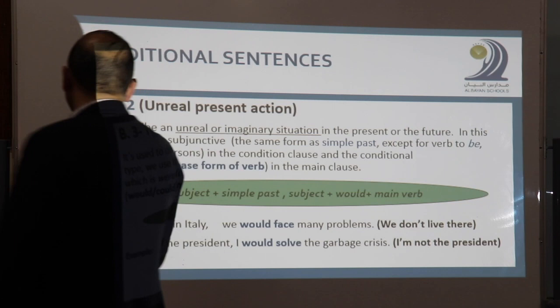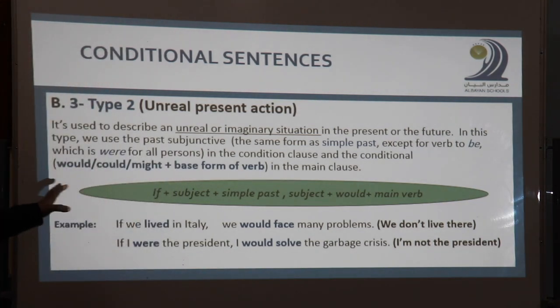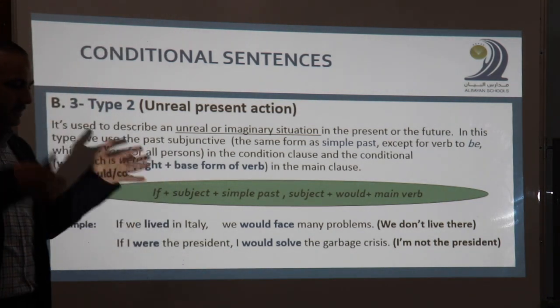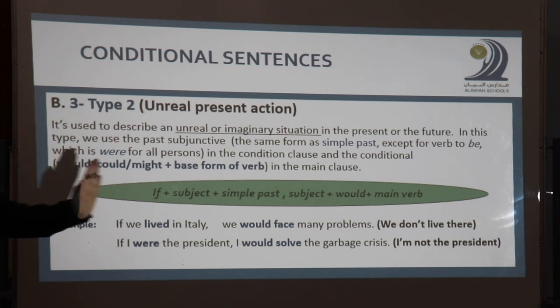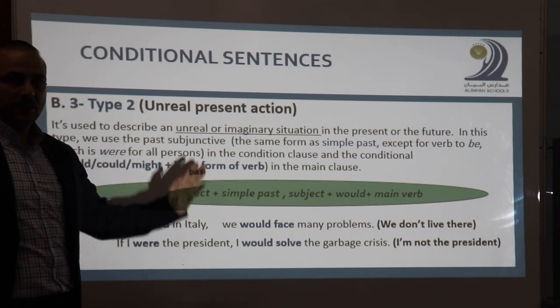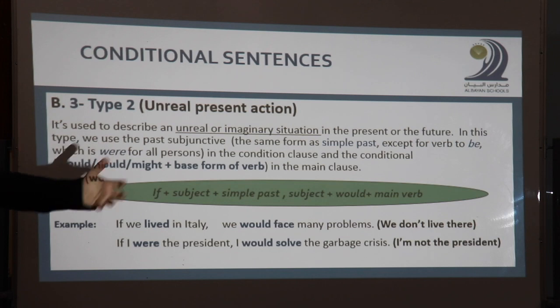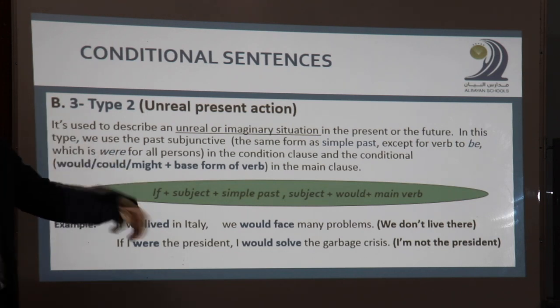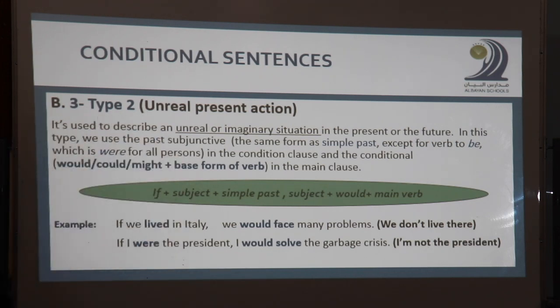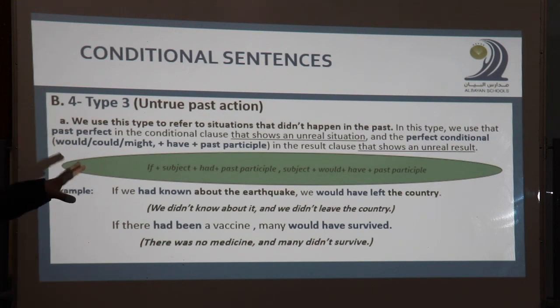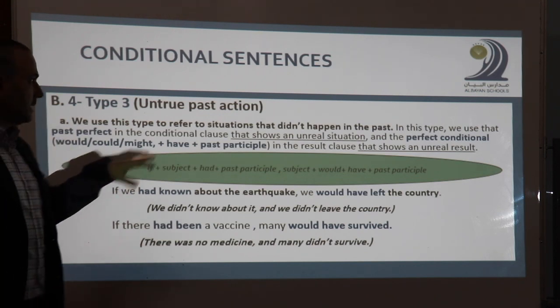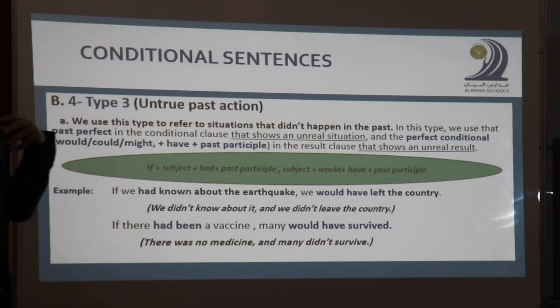And also type 2, unreal present, where in the conditional part we use the simple past and would or any modal in the past plus main verb in the result clause. The third one, type 3, untrue past actions, just to differentiate it from type 2 as unreal.